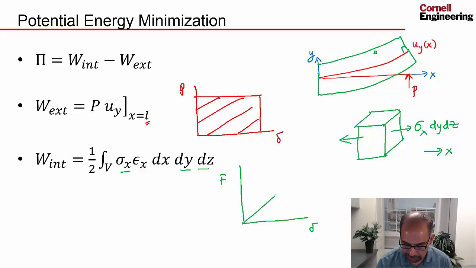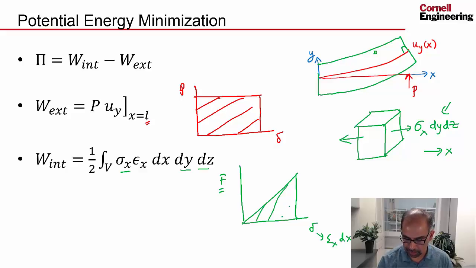And since we're assuming that the stress is directly proportional to the strain, it's going to be a straight line. So that's going to be given by that, and this is going to be epsilon x times dx. You can convince yourself of that. And the final one, actually, this distance over here.